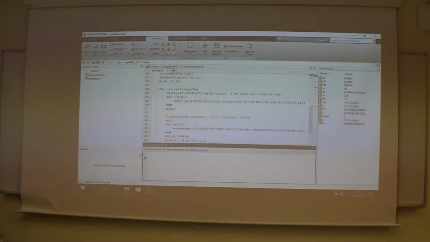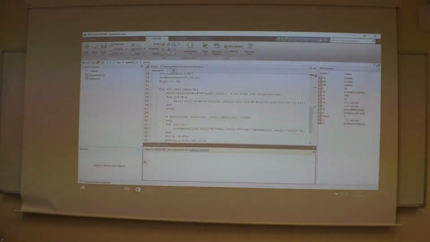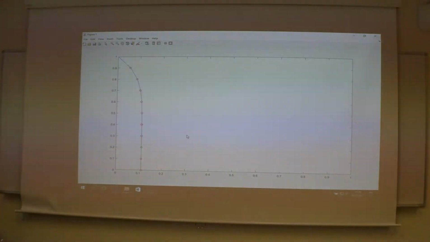Whoops. That was not. Why not? There we go. So you see they follow quite nicely for every time step. It's a little deviation of course, but not too bad.